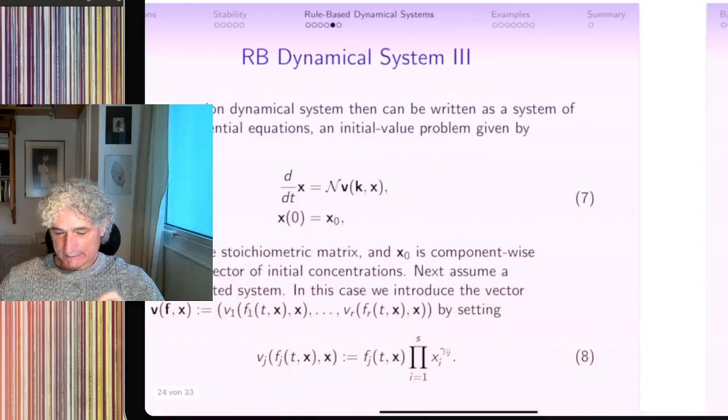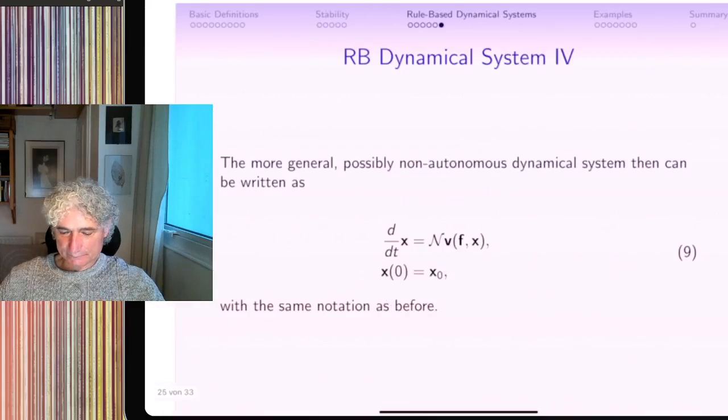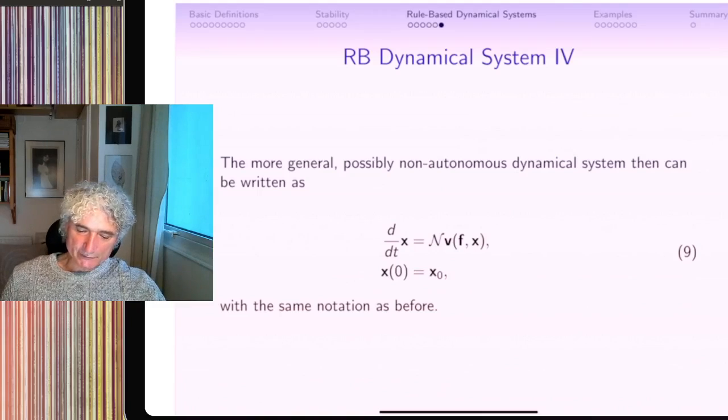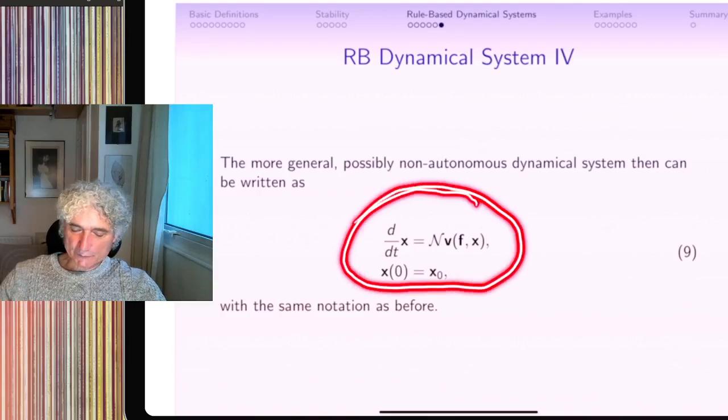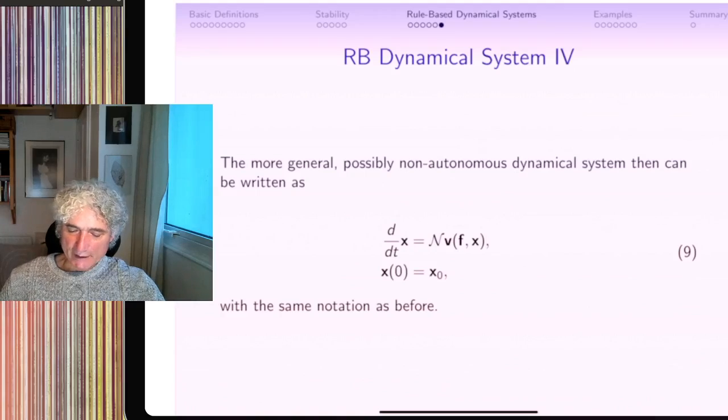So this is indeed the definition. We have a general dynamical system which is based on rules with a function weight. So you write here, instead of the r many reaction rates, the r many functions that are weights on the rules.